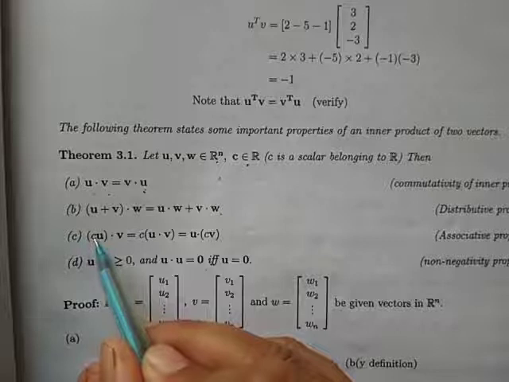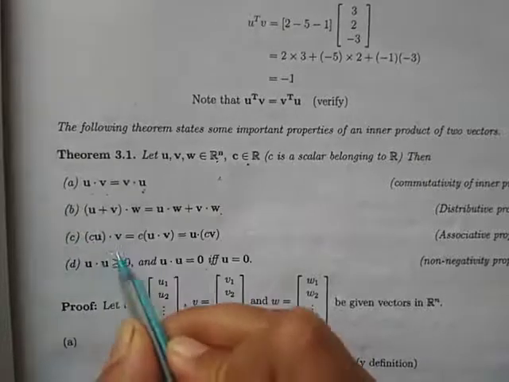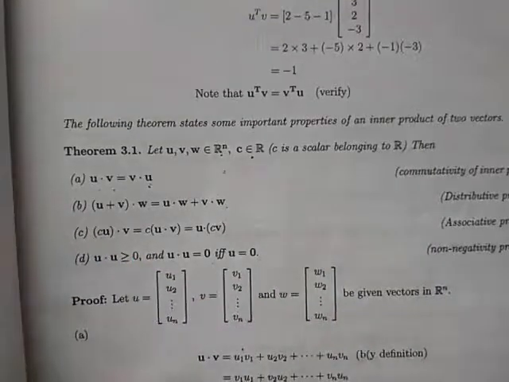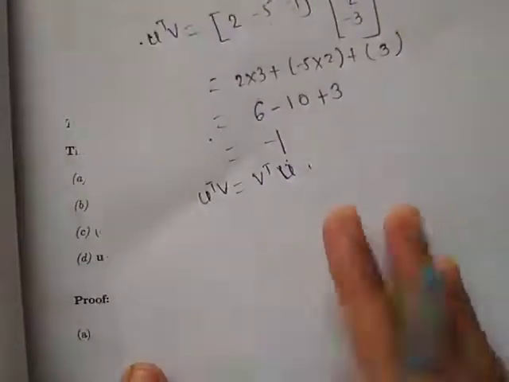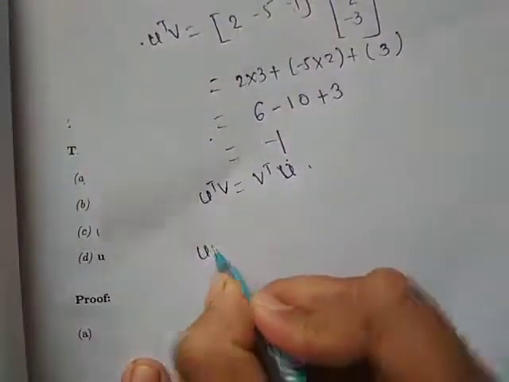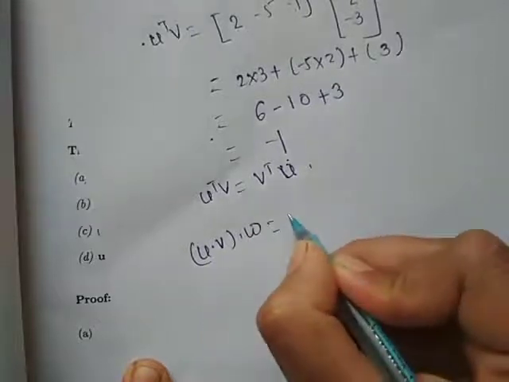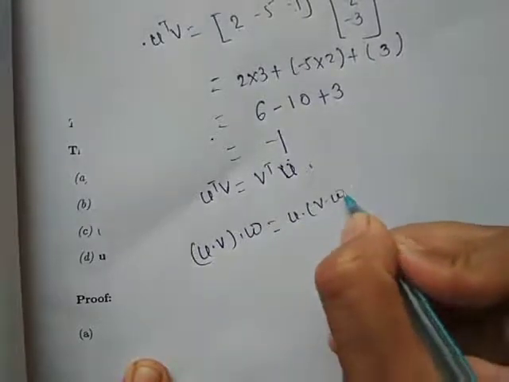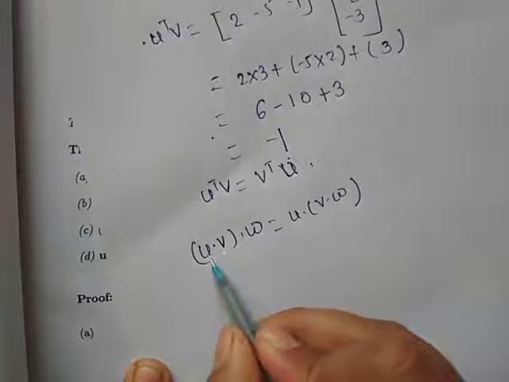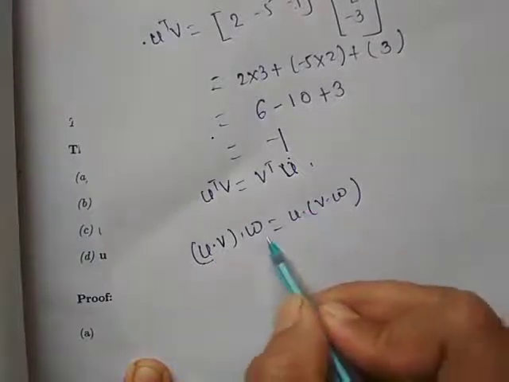This, actually here you require the associative property, is wrong. Actually, the associative property is (u dot v) dot w equal to u dot (v dot w), where u, v, w are three vectors. Okay.